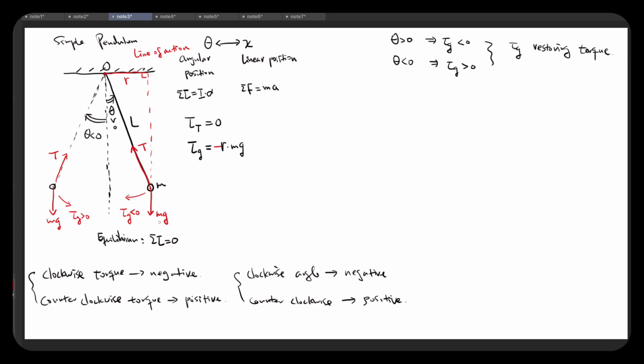Because the effect of this torque due to gravity is always trying to pull the object back to the equilibrium position. The vertical line here is the equilibrium position. So that's why it's called a restoring torque. And that's why we naturally have this negative sign here relating the torque with the position theta. We'll see this relation more clearly later on.